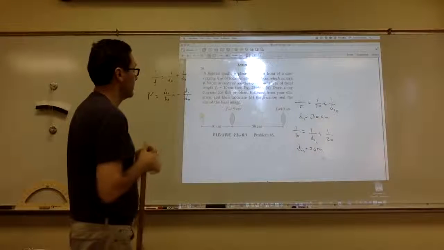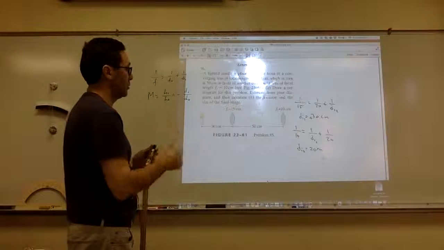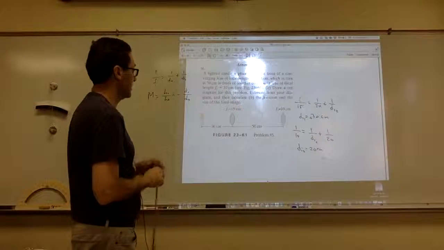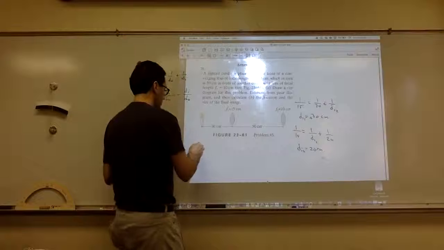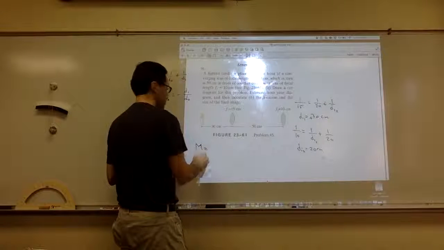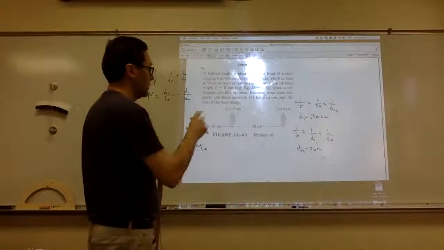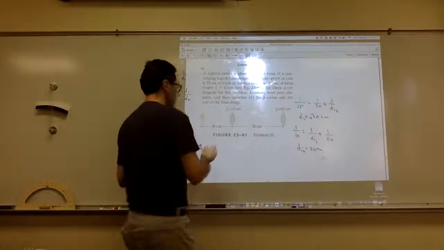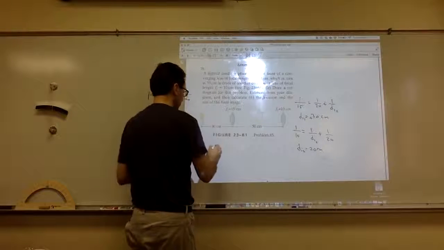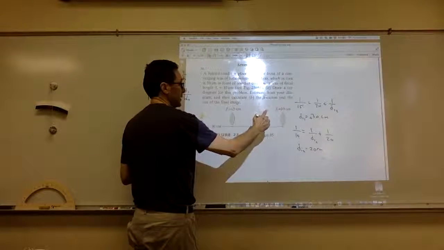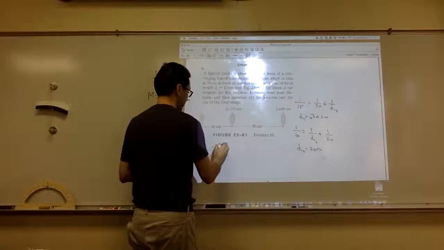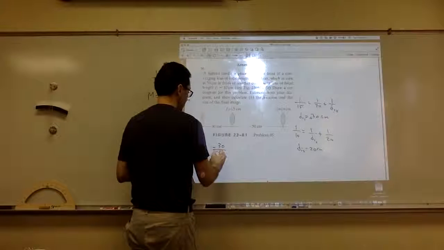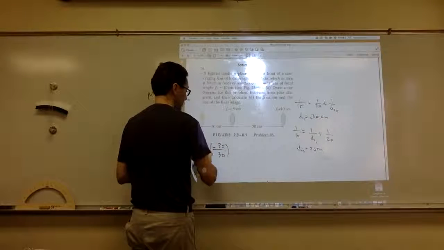Now, to find the magnification of multiple lenses, all you have to do, and maybe I'll show you the proof of this in class, is take the magnification for each and multiply them together. If you have 3 of them, you just multiply all 3. So it's going to be negative di over do. That's the magnification of the first one.